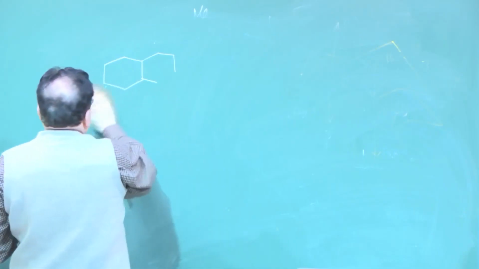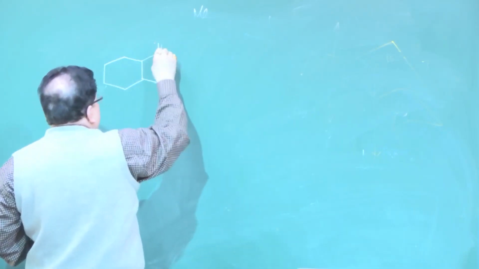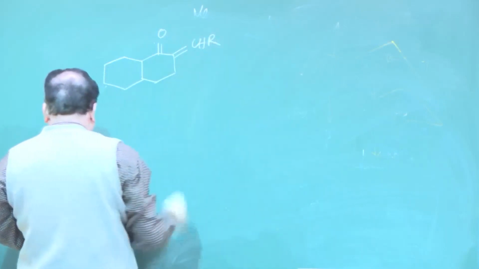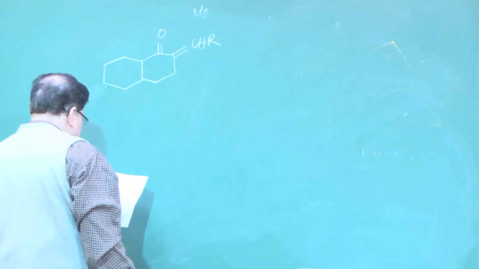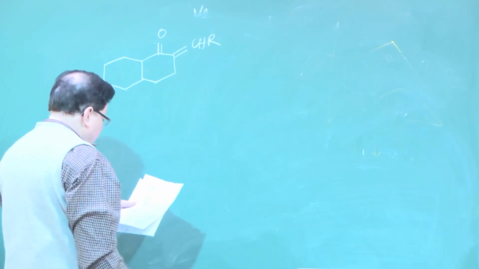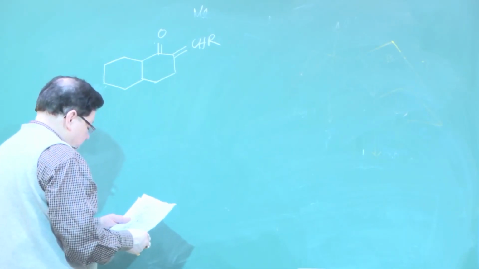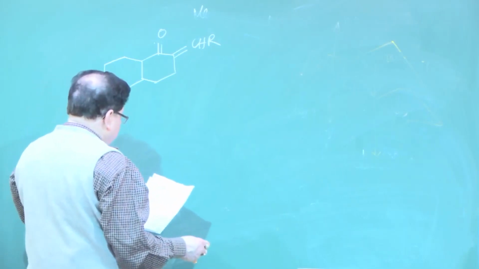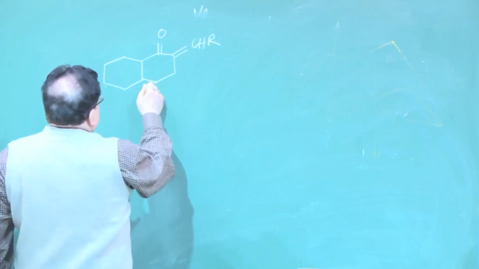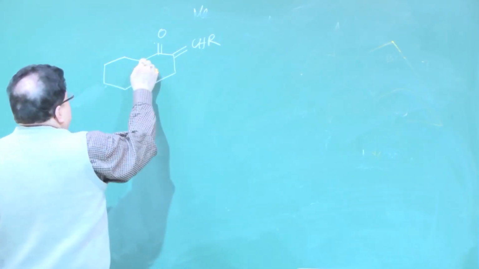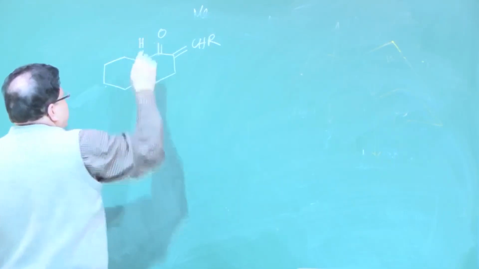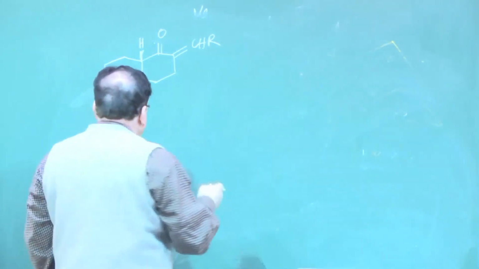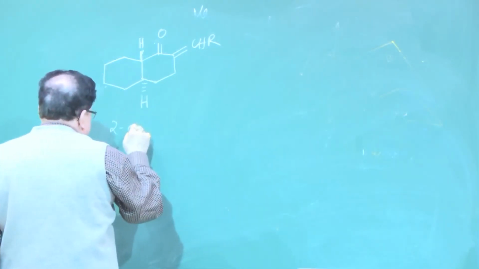Sorry, it is not a decalone system, it is a decalone, but the carbonyl is here, CHR. Yes, this is the starting material, okay, a decalone, but a 2-alkylidene decalone.